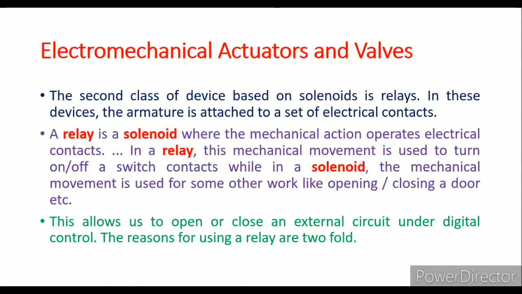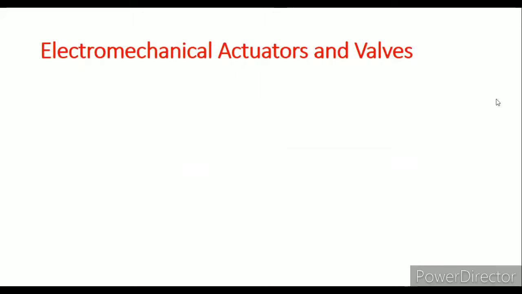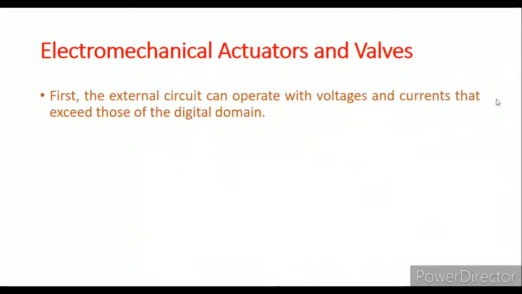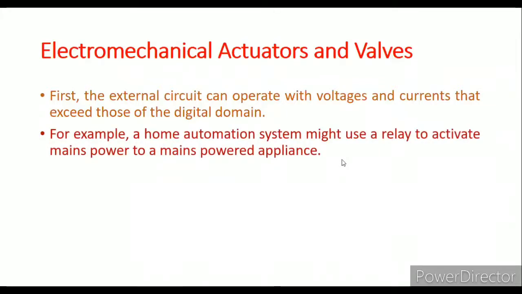The reasons for using a relay are twofold. The first is that the electrical circuit can operate with voltages and currents that exceed those of the digital domain. For example, a home automation system might use a relay to activate mains power to a mains powered appliance. Nowadays, the best example in each and every household is the inverter.